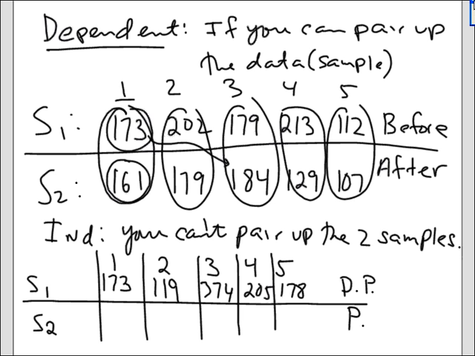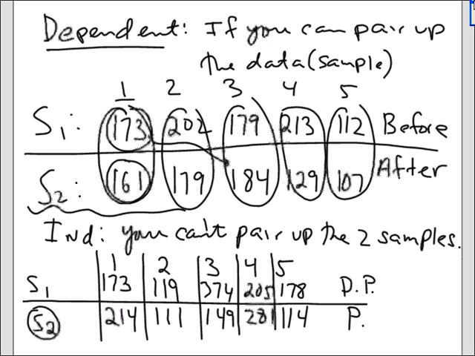And the weight of person number 1 in sample 2 is 214, and the second person in sample 2 is 111, etc. 149, 281, and 114. So one sample of 5 took diet pills, and the other sample took placebos. And if you think about it, there's no way of matching these up.